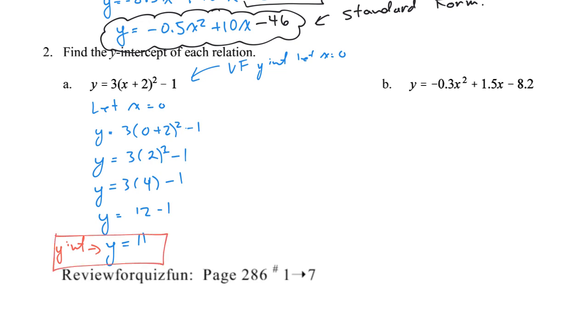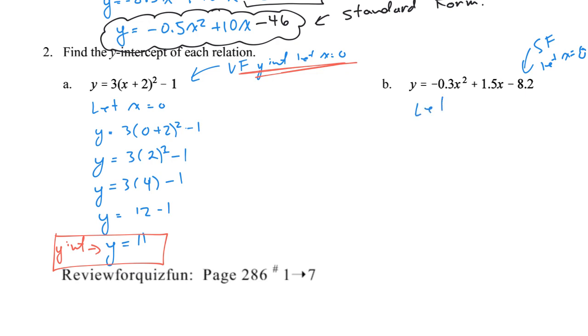Now, that is what happens if we have something in vertex form. You have to let x equal 0. But when you are in standard form, we still let x equal 0, but here's what happens. Something crazy happens.